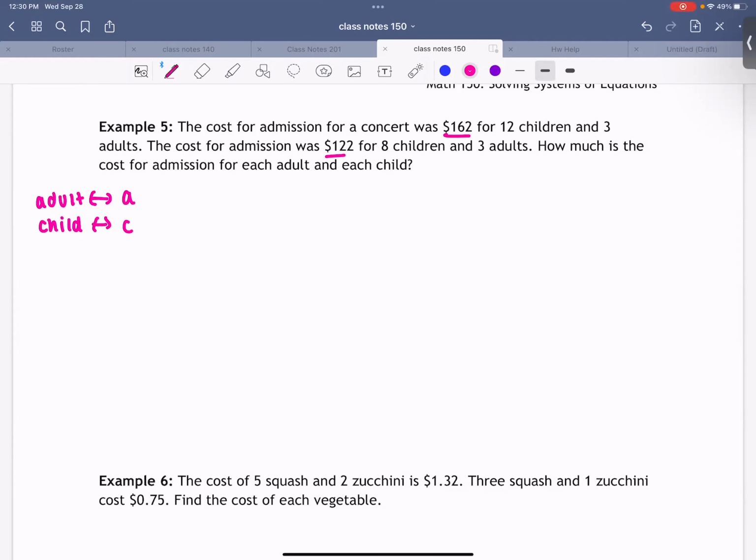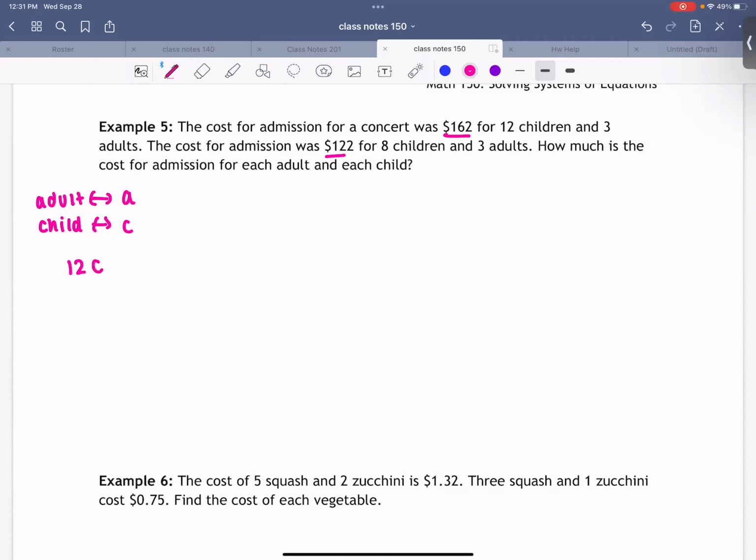Okay, so first sentence says the cost for admission of a concert is $162 when we have 12 children and 3 adults. Is there anyone who can come up with an equation that kind of says what the first sentence says? I'm guessing 12 could be A, B, C. I think you flipped them, but you were close.